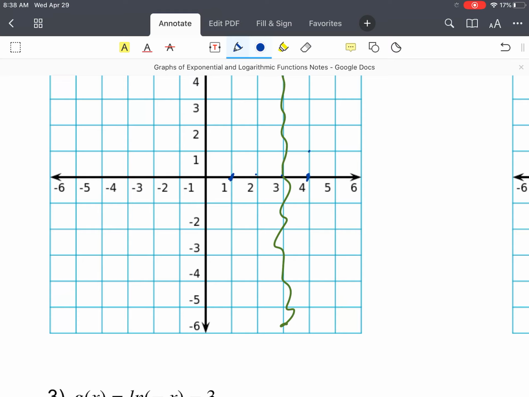So this point that's normally at 1, 0 is going to go to the right 1, 2, 3, and then up 1. So we're right here. So here's our graph.